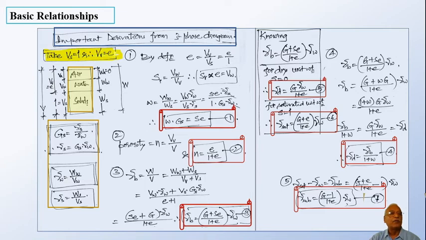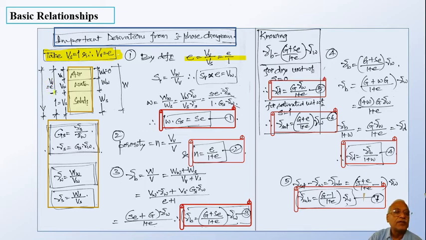What is the definition of voids ratio? Look at this. Definition of voids ratio says that e is equal to V v by V s. What I am making is V s equal to 1. V s equal to 1 indicates that volume of voids is equal to e. Volume of voids is equal to e.